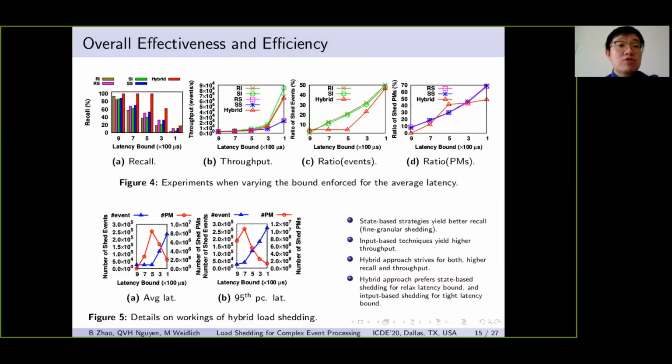Above 500 microseconds, state-based shedding takes the lead. Below 500 microseconds, input-based shedding takes the lead. That is for the average latency bound cases. The same trend is also observed in the 95th percentile latency bound, as shown in Figure 5b.